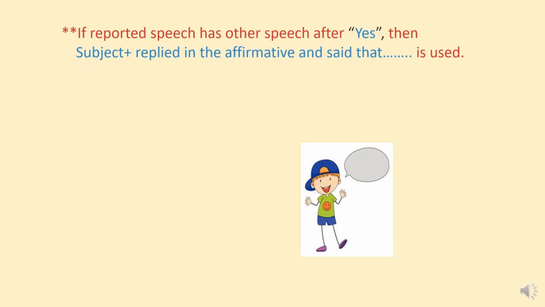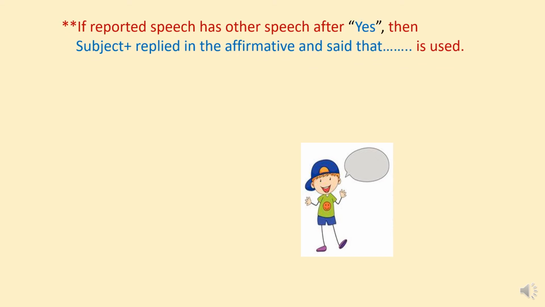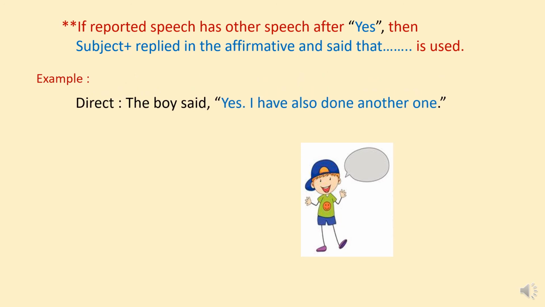Again, if reported speech has other speech after yes, then subject plus replied in the affirmative and said that is used. For example, direct speech: the boy said, "Yes, I have also done another one."